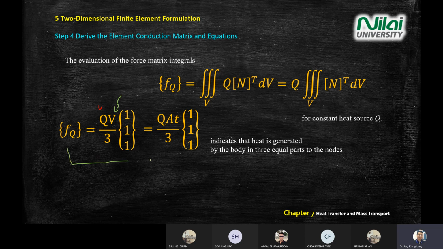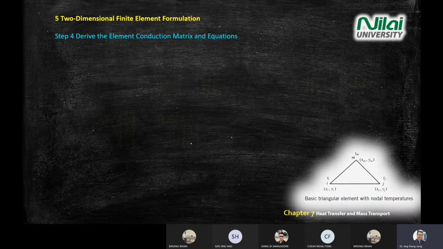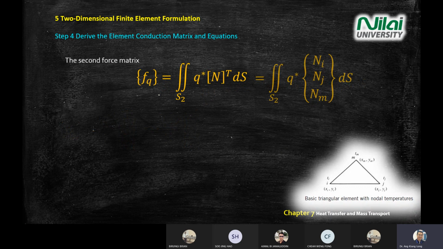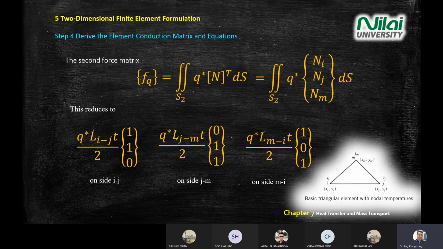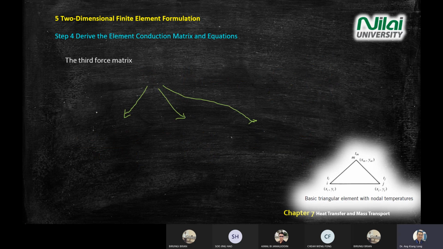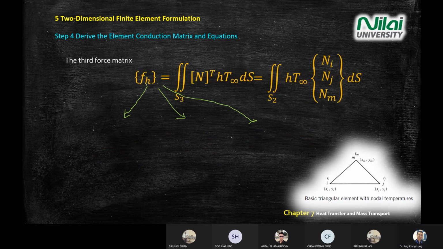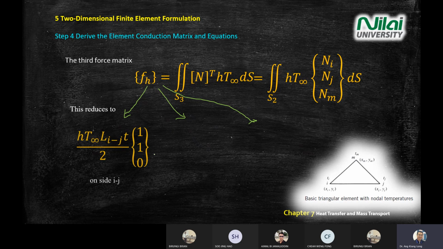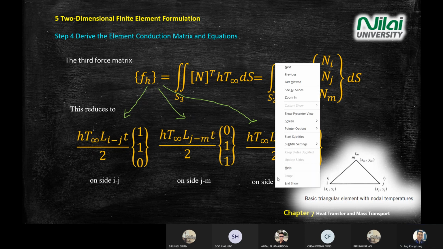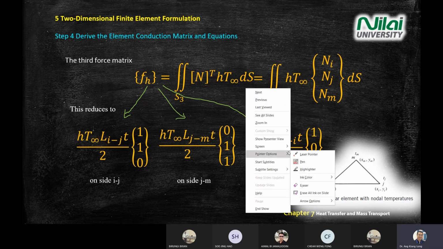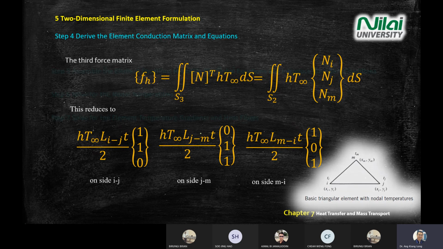So you only have one big matrix that represents 3 values directly, I, J, and M. However, for heat flux, Q, you have 3 sites. For convection forces, you also have 3 sites. Okay, so these are the differences between the forces.